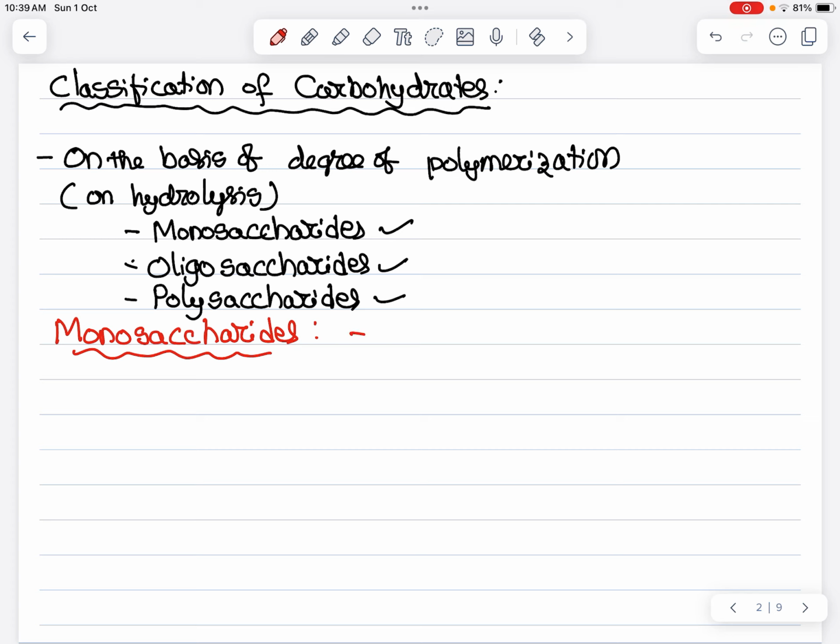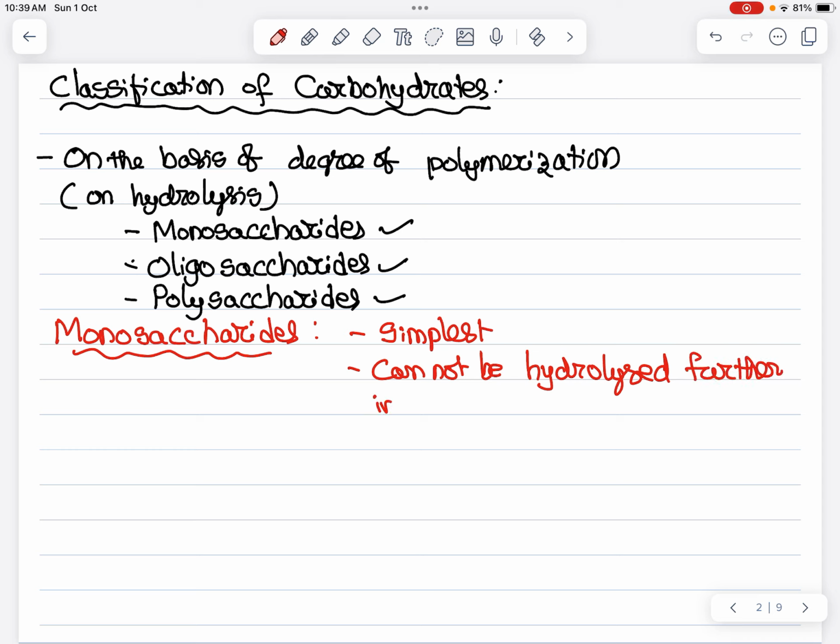So these are the simplest ones, which cannot be hydrolyzed further into smaller carbohydrates.